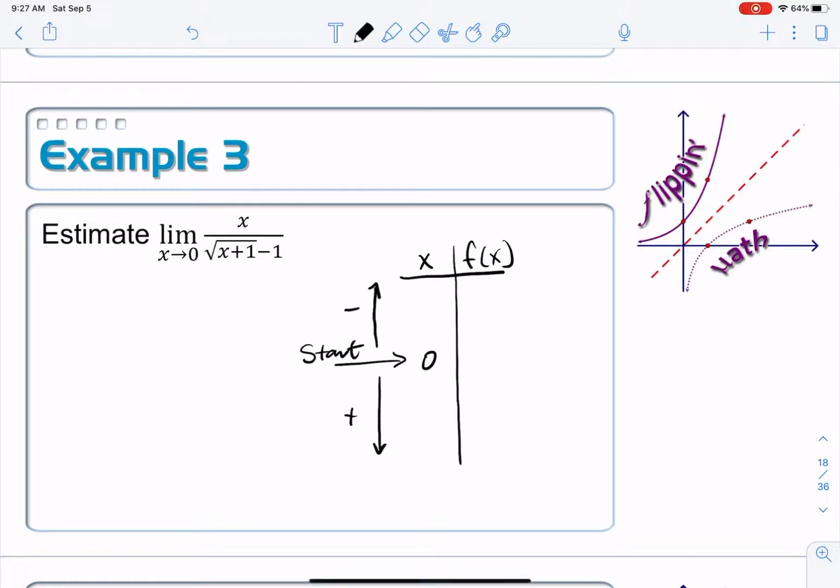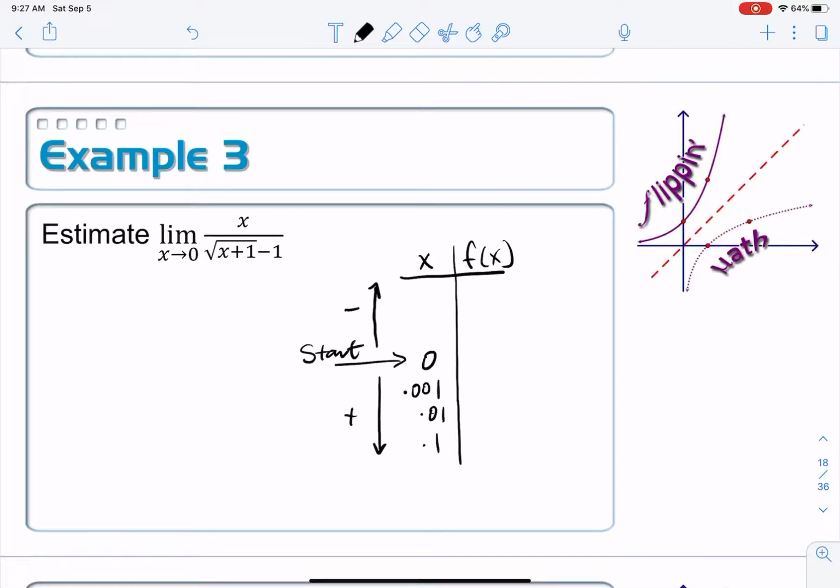Anytime we do these limits, we want to see that it's approaching the same number on either side of our x value. So a little bit bigger than 0 would be 0.001. Then step away a little bit more, 0.01, and a little bit more, 0.1. And then keep it symmetric on the left side on the number line, smaller than 0.